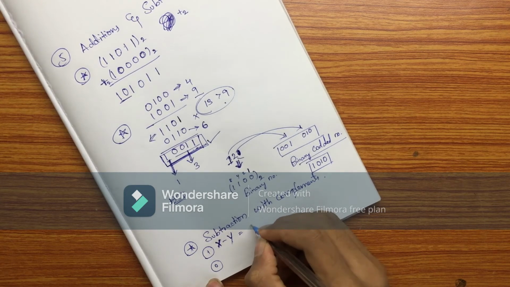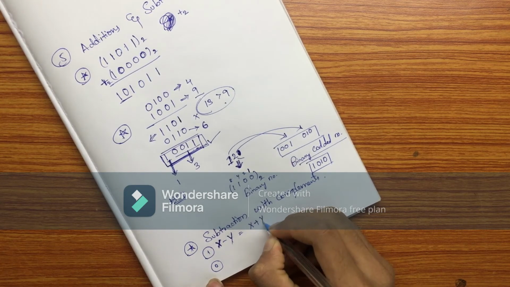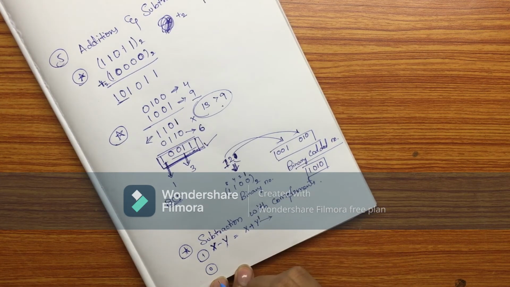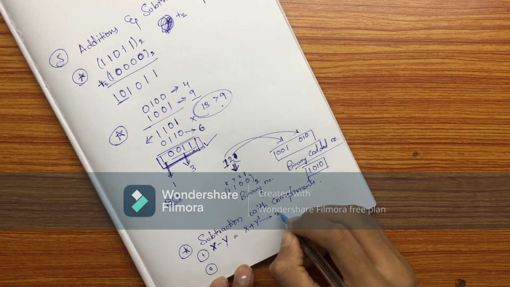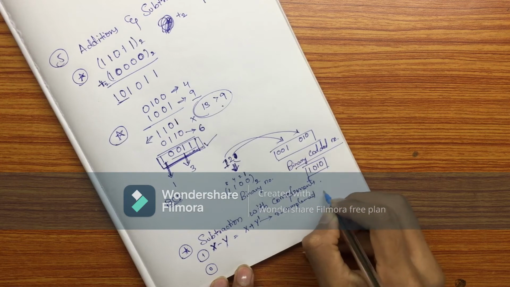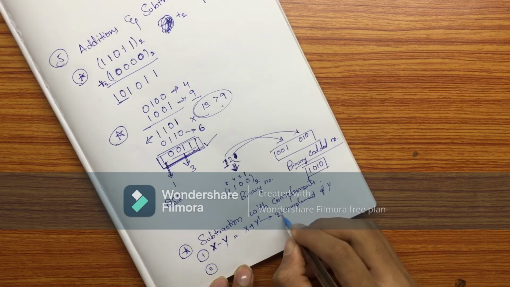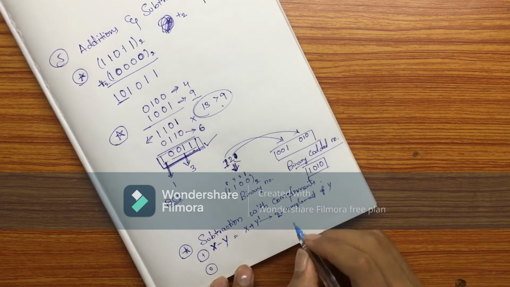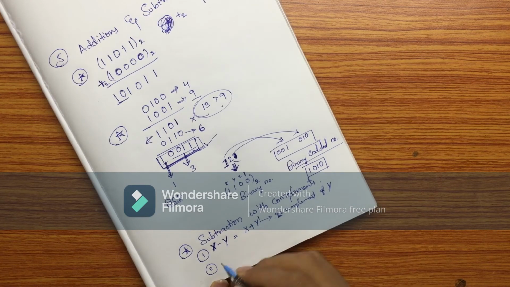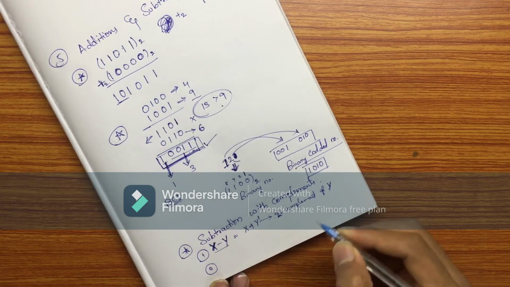This will always be equal to x plus y complement. Y dash is nothing but the R's complement of y. So what is R? They will give it. Otherwise you have to take it as R. So the R's complement of y.